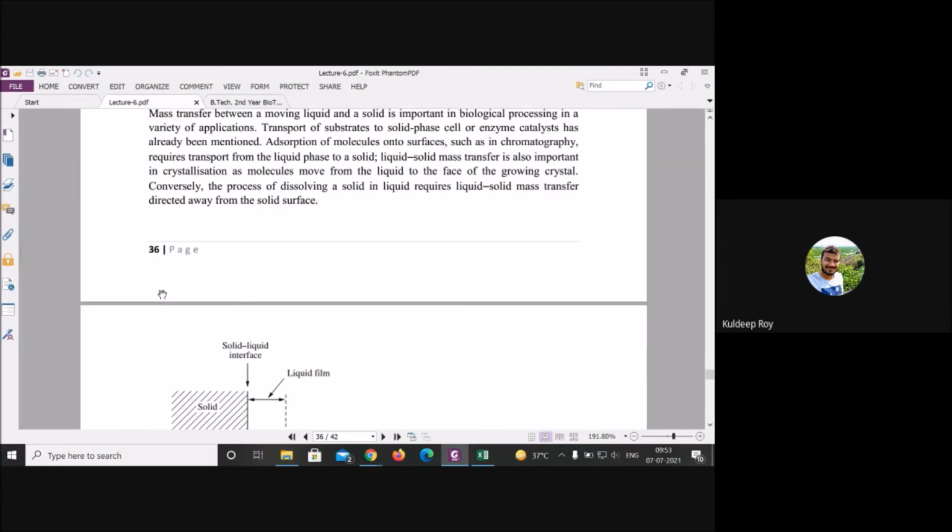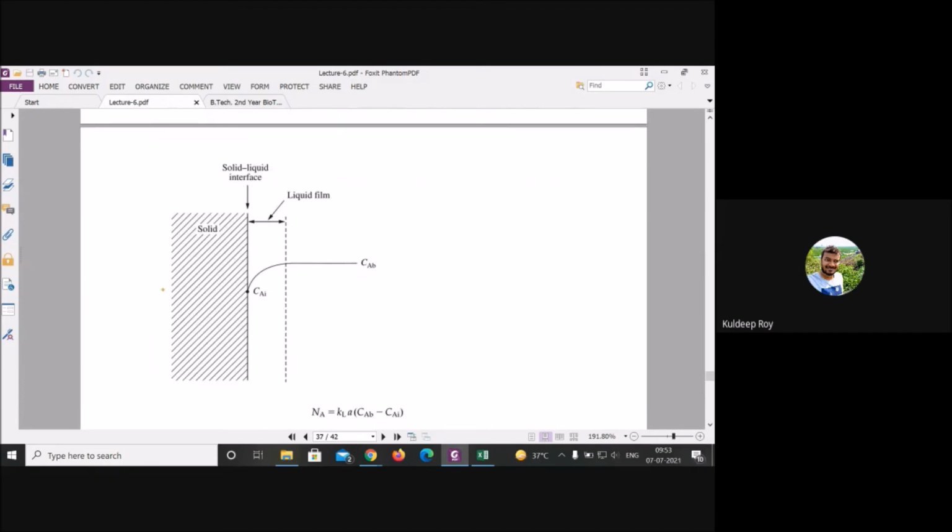Just read it, I will discuss directly what the concept behind it is. If this is the solid boundary like your cell, and here will be the liquid film. We have seen how the concentration gradient will look, correct? Here will be your solid, then around the solid there will be a little film of that liquid. This will be called the liquid film. Why is it important, and why are we looking at this kind of system?